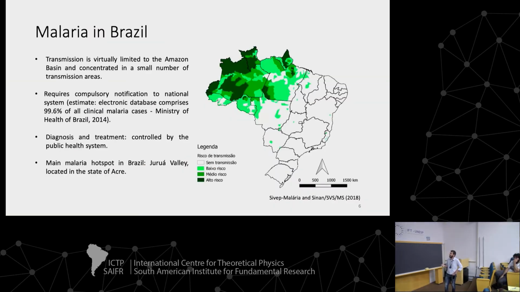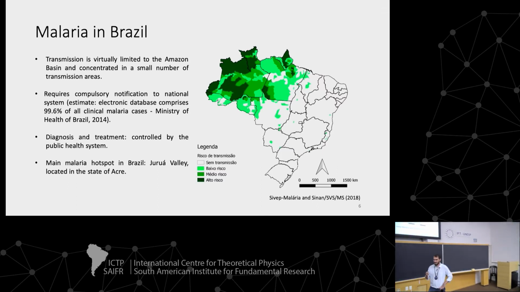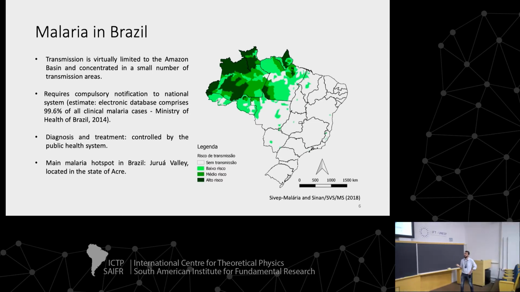Right now, according to the Minister of Health, we have this map. Malaria is concentrated in the Amazon Basin with very small hotspots. The cities here are really big, and they are located just around this area in the Amazon. One very interesting fact about malaria, different from what we have in Asia and especially Africa, is that malaria in Brazil is a notifiable disease.